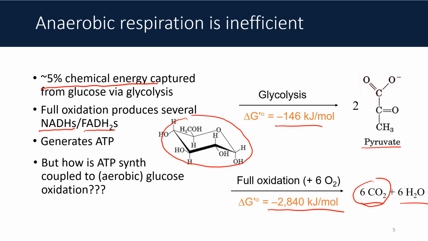So the goal of oxidative phosphorylation is to oxidize not only glucose, but these energy carrier molecules themselves, which we will then convert into ATP equivalents. So that's the key question here. How do we do that? How is ATP synthesis coupled to glucose oxidation and NADH, FADH2 oxidation?